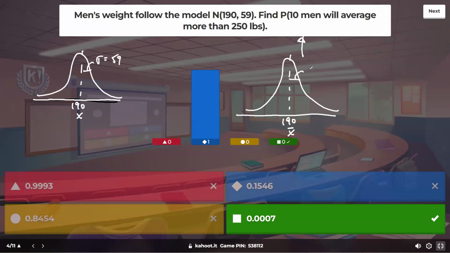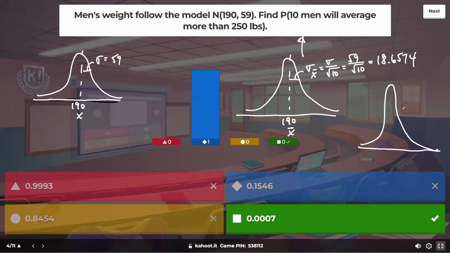But our standard error here is going to be a little smaller than 59. It's going to be 59 divided by the square root of 10. And what's that going to be? I think it's 20 something. I'm going to guess. Oh, 18.657.